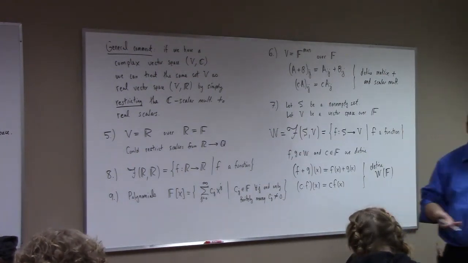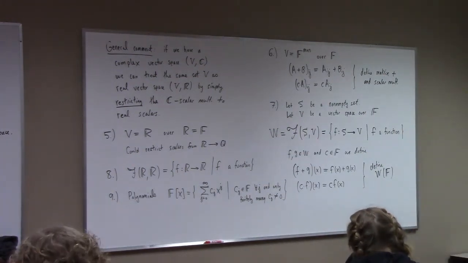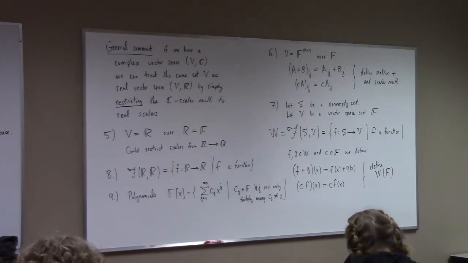This is polynomials over the field F. This is also forming a vector space.